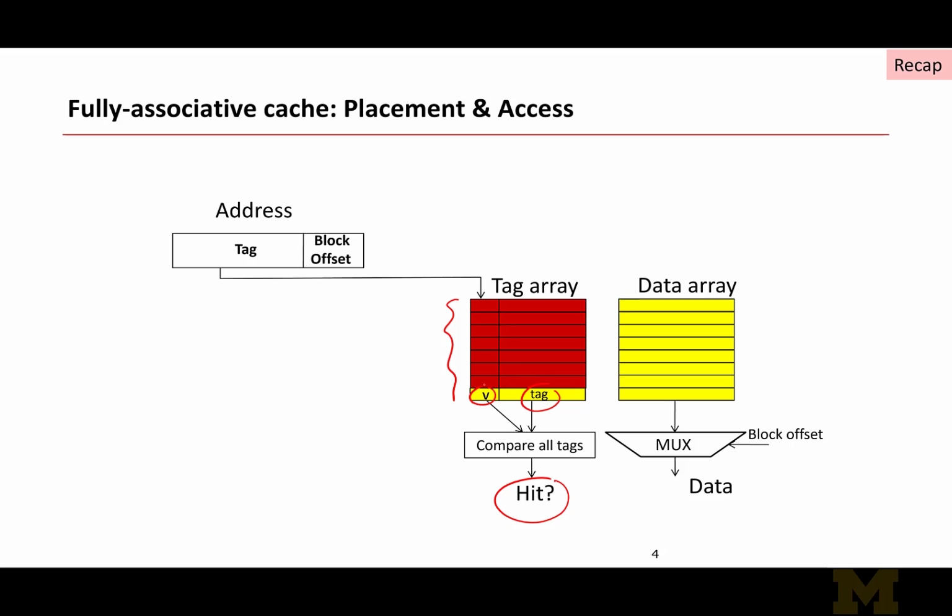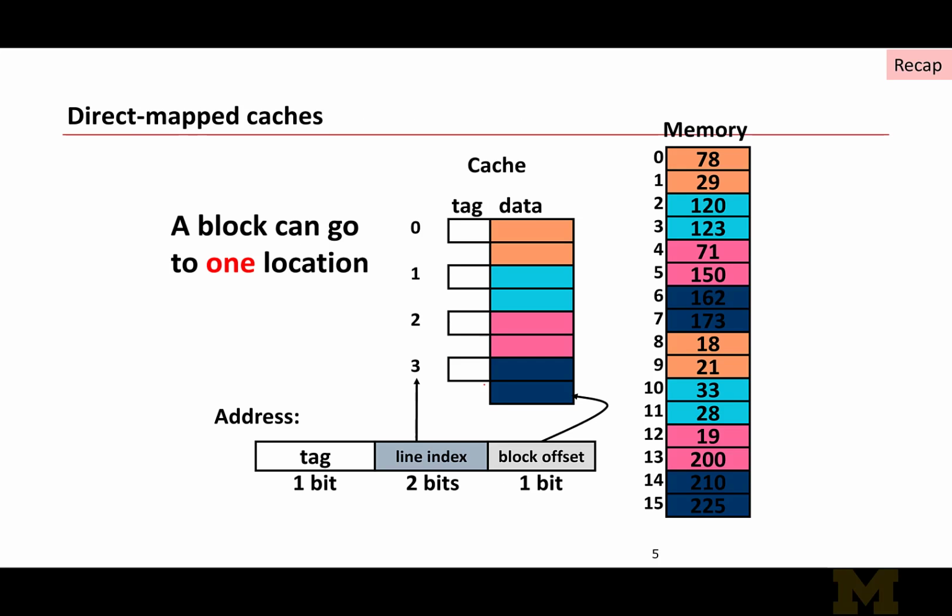Now the problem with this approach is that the number of comparisons that you need to make is too many. Even though you can do it in parallel, the hardware would require a significant number of comparators to accomplish this job. So in order to reduce the cache overhead of performing these many comparisons in parallel, we then talked about an idea called the direct mapped cache.